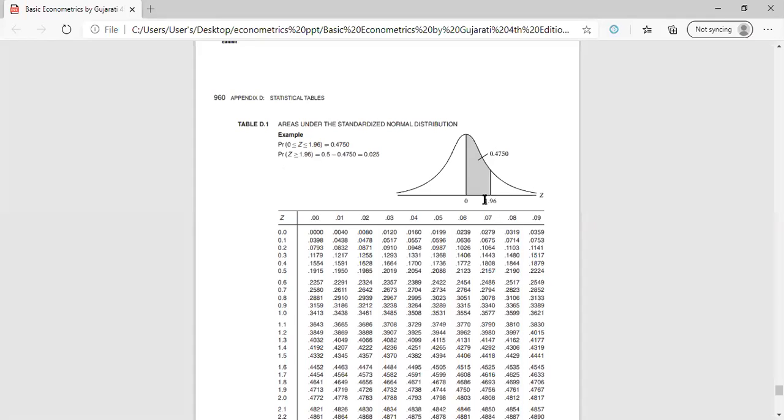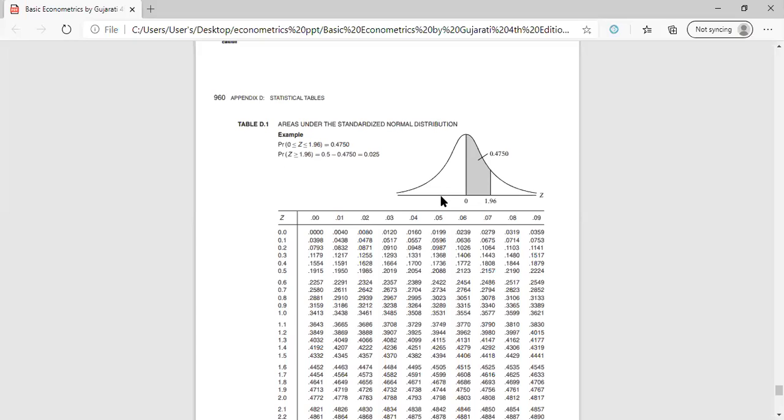As this is a very symmetric distribution, from equal distance from 0 to minus 1.96 will be this distance, and from equal distance to the left, minus 1.96. What will be the probability that Z lies between minus 1.96 and 0? 0.4750, right?